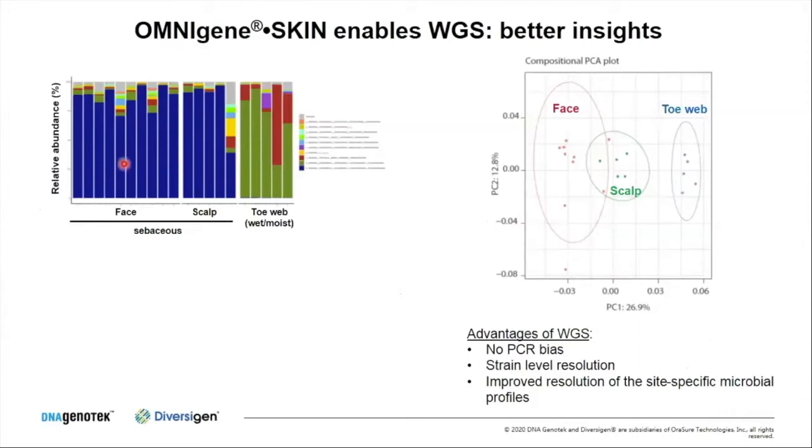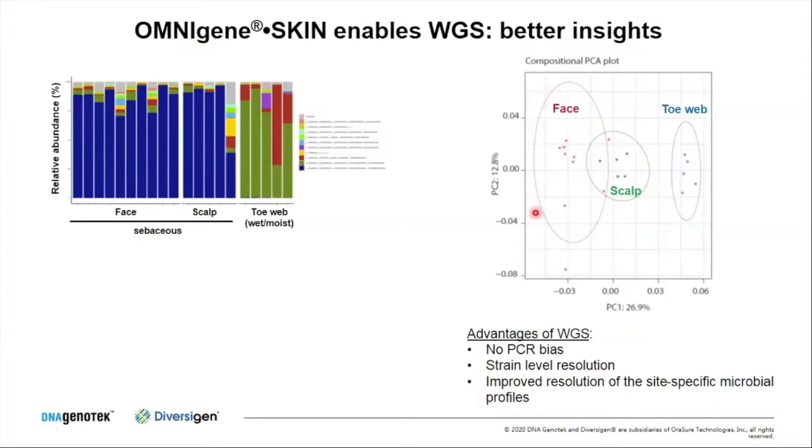Face and scalp samples, which are sebaceous, are dominated by Propionibacterium or Cutibacterium again. But in general, the proportion of Cutibacterium is higher than what we saw with 16S, likely because we don't have any PCR bias when doing WGS sequencing. When you look at the toe web samples, again, they're mostly dominated by two species, Staphylococcus and Corynebacterium in green, as expected.